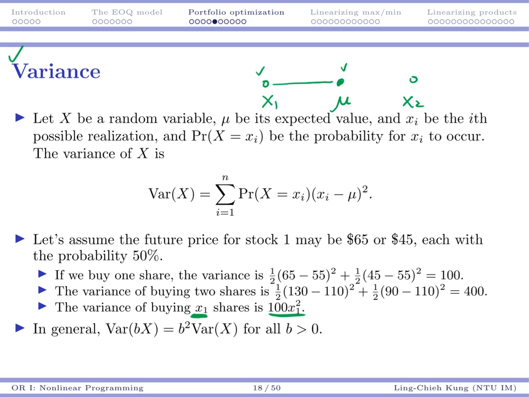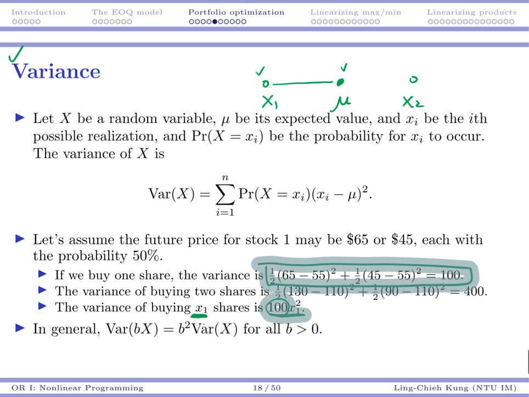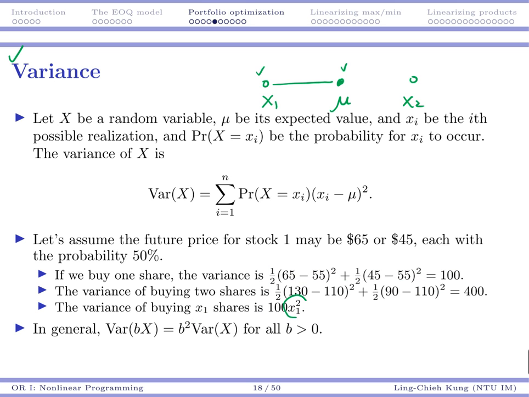It has to do with this number 100, which is the variance if you buy one share. If you buy 2 shares, it becomes 400. If you buy 3 shares, it becomes 900. The risk, or the variance, increases in a quadratic way because you can see in the formula there is a quadratic term. So that's pretty much about variance.